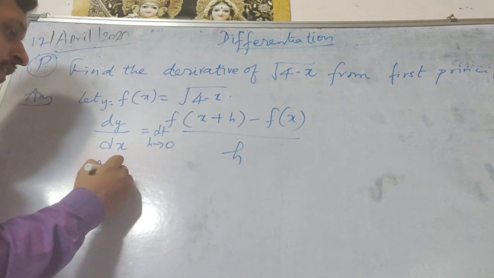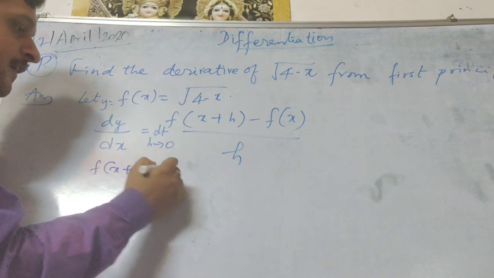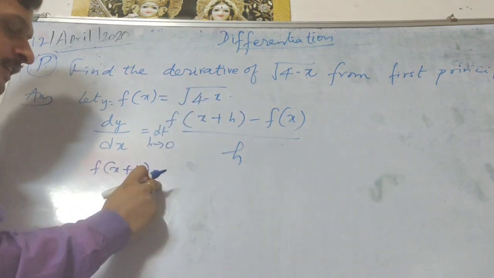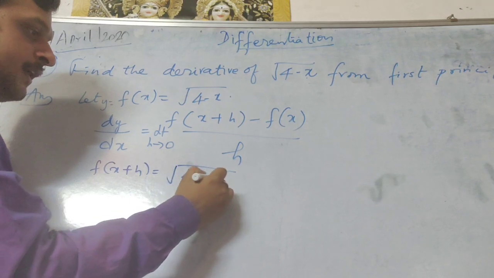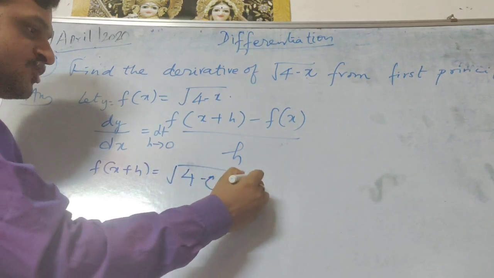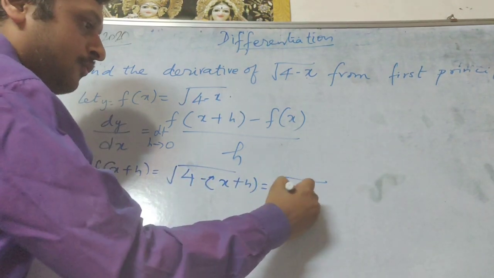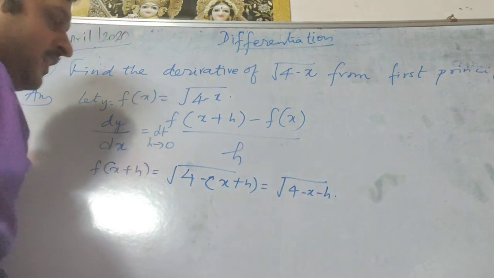Now, how do you find f of x plus h? Wherever x is there in this equation, you have to replace it by x plus h: root of 4 minus of x plus h, that is equal to root of 4 minus x minus h.